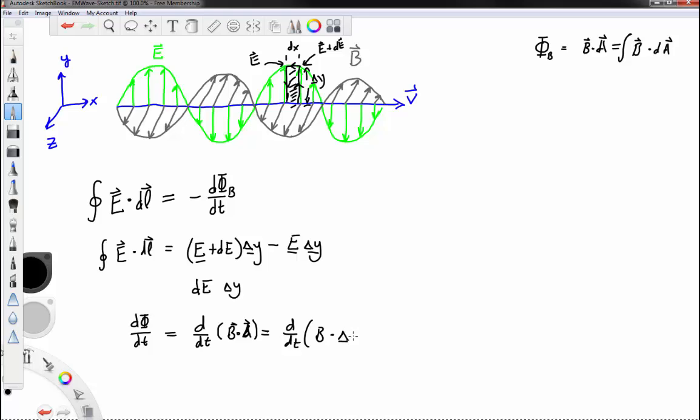So we have B times delta y times dx. And delta y and dx do not vary with time, only the magnetic field does.